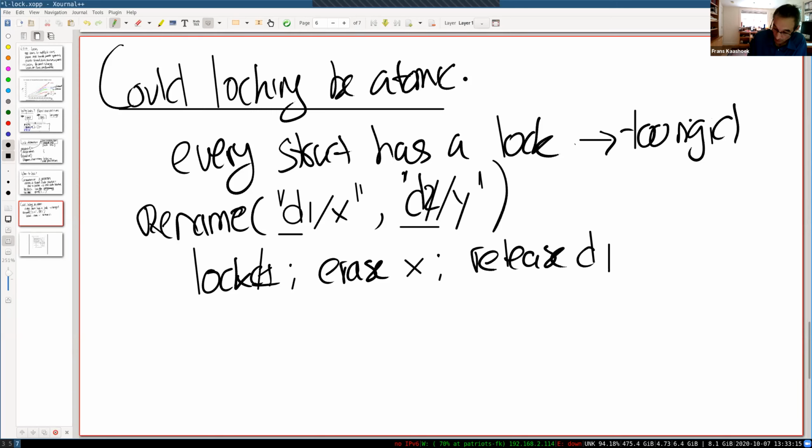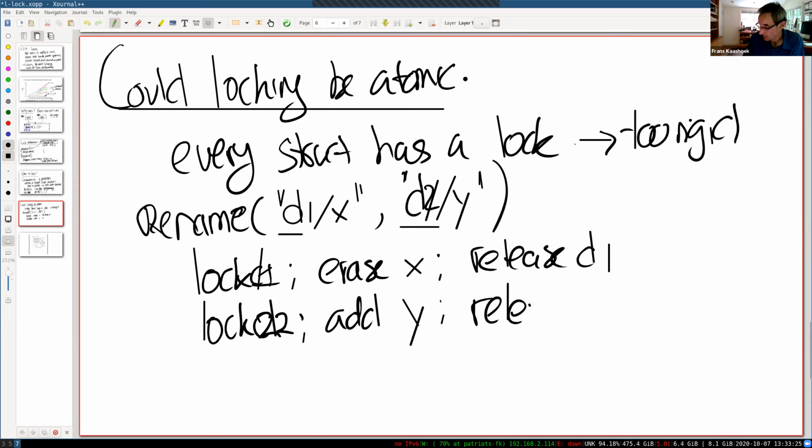And then we do the second part, update D2: lock D2, add Y, and release D2. And then we're done. So this would be the hypothetical scheme that we imagine would happen if we did automatic locking.